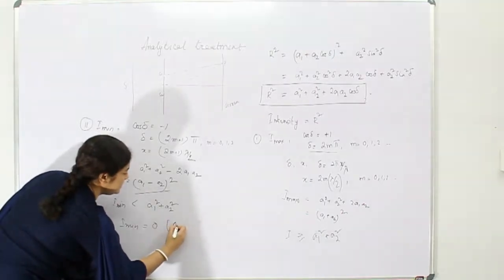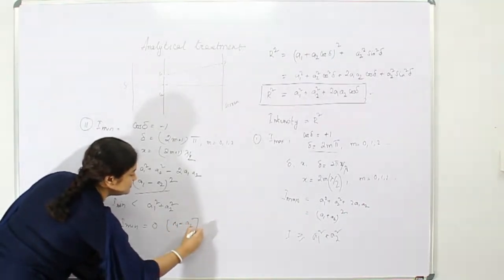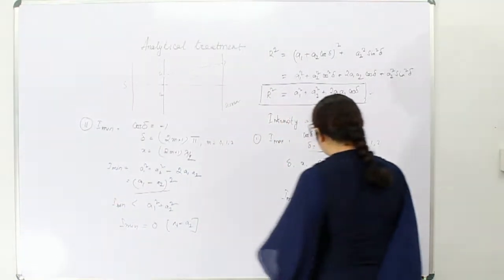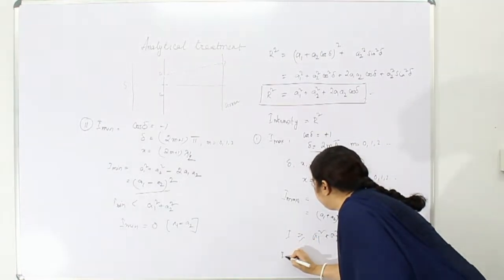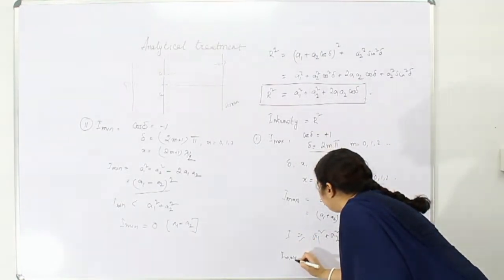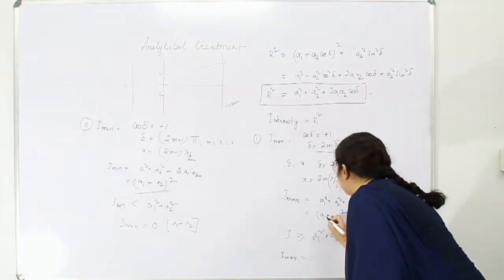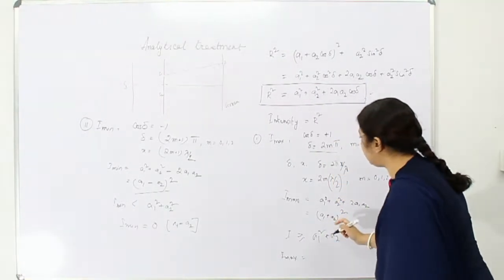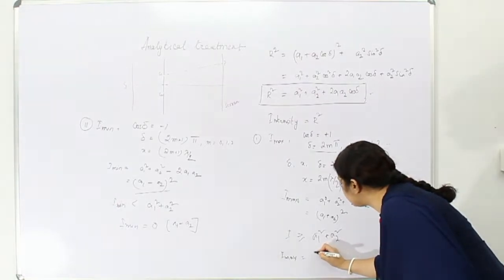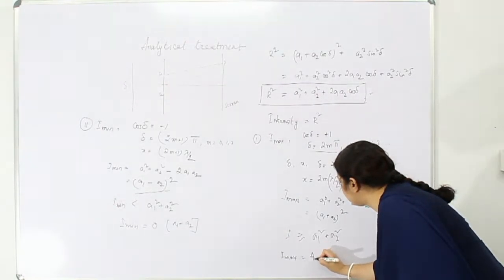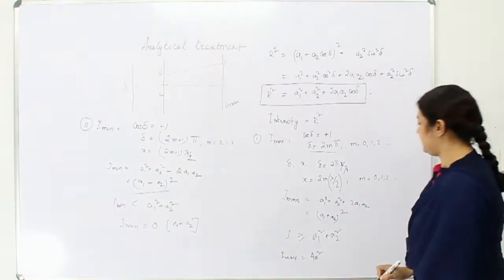Okay, a1 is equal to a2, and here I max will be equal to 2a1 square, or we can write 2a, that is equal to 4a square.